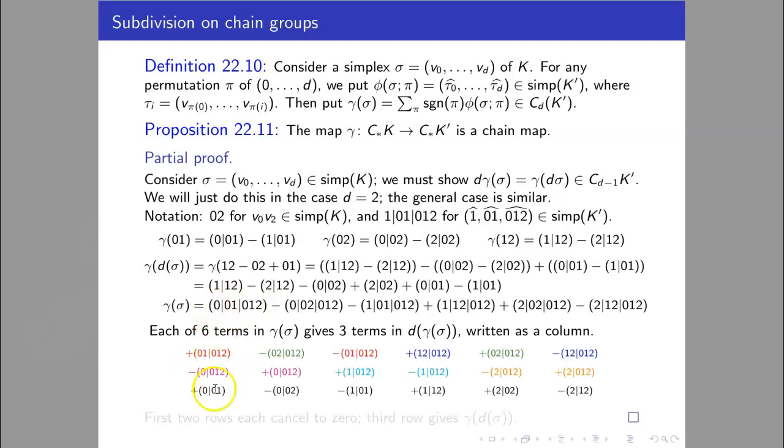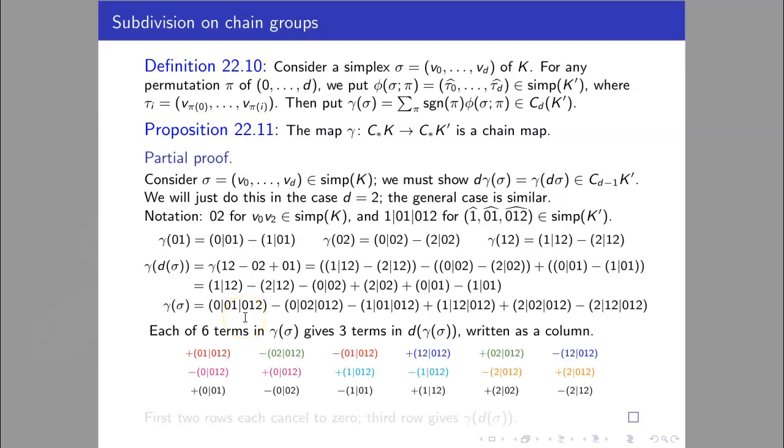Omit the 0, 1, 2, you get 0 bar 0, 1, which is there. Okay, and so we get 3 terms in d of this, which we've written as a column in this little table here. 3 terms for d of this in that column. 3 terms for d of this in this column, and so on. Okay, so now we've got 18 terms.